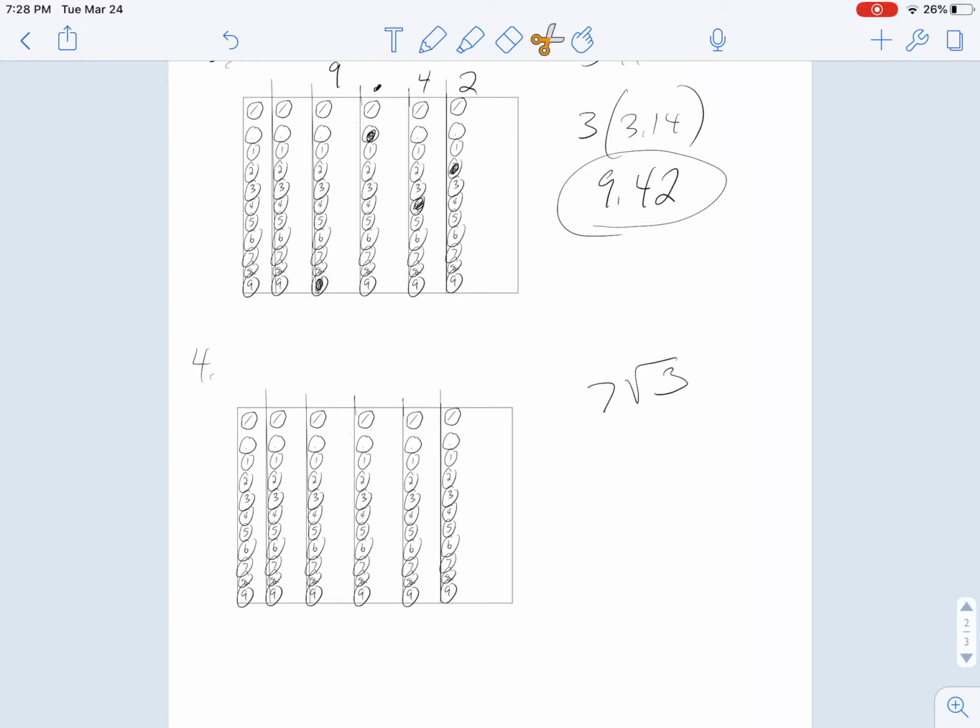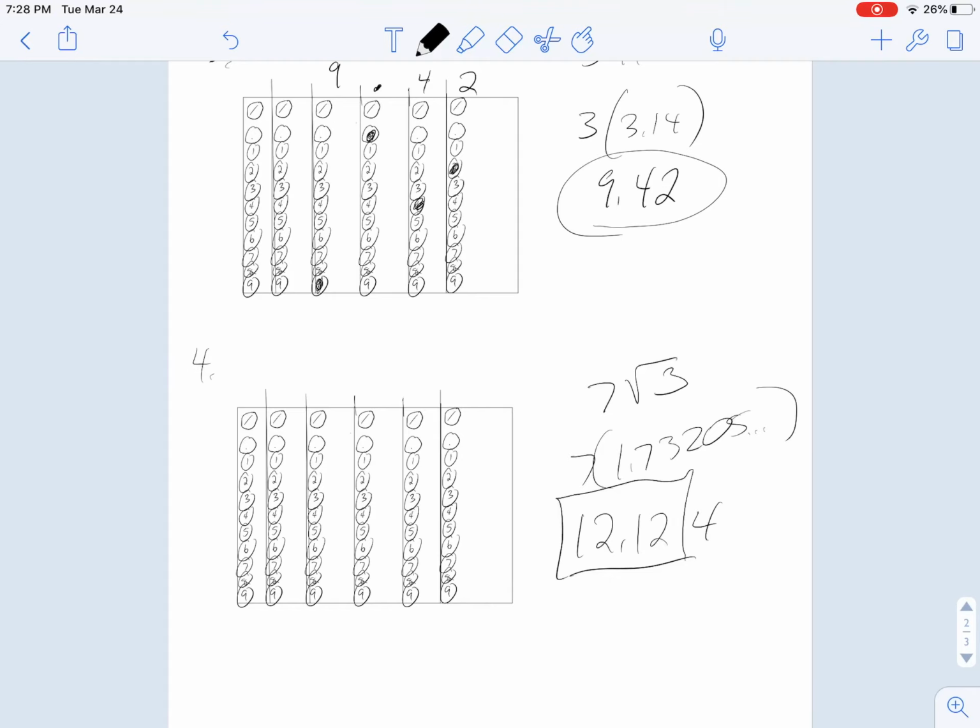You're then going to multiply that by 7, and you're going to get 12.124.